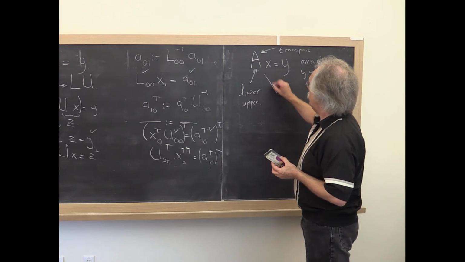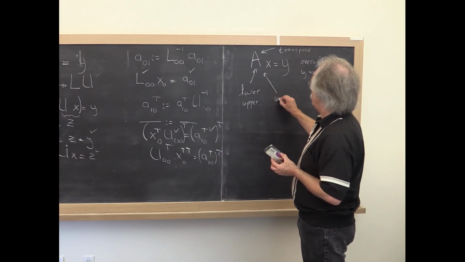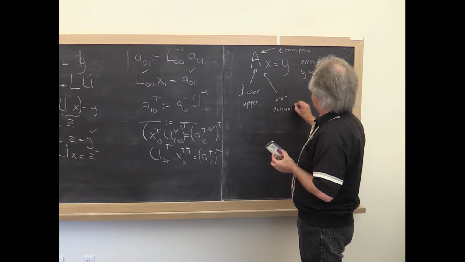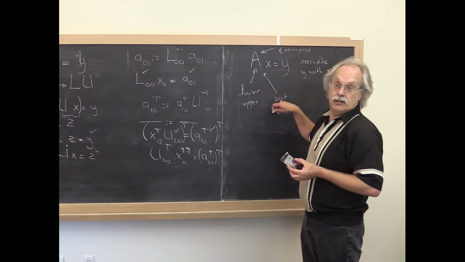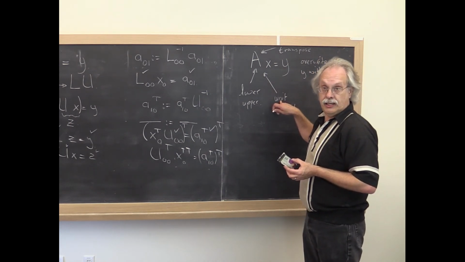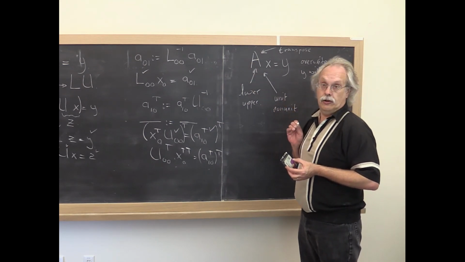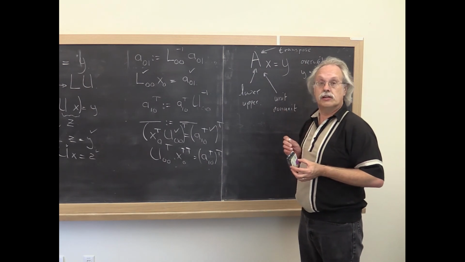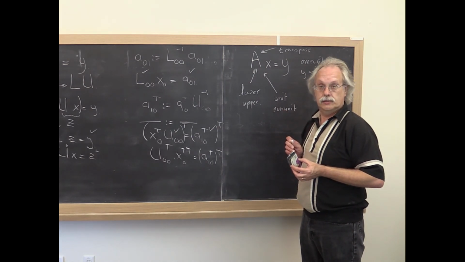And you can also indicate whether it's unit or non-unit triangular, which means that if it's unit triangular, then implicitly the entries on the diagonal are equal to 1, and if not, then you actually use the entries that are stored on the diagonal.